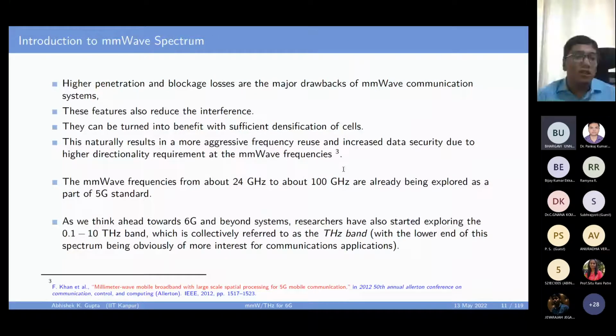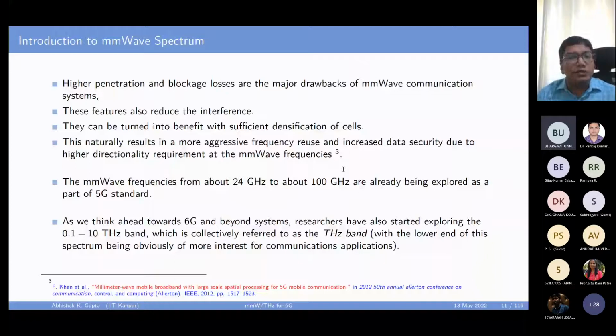So these issues, which we thought of as drawbacks, can be converted into benefits if we have sufficient densification of cells. If you make sure that the signal strength is sufficient by moving the transmitter close to the users, then that is a good point, because the interference, which is generally far away, can be reduced by these two features.